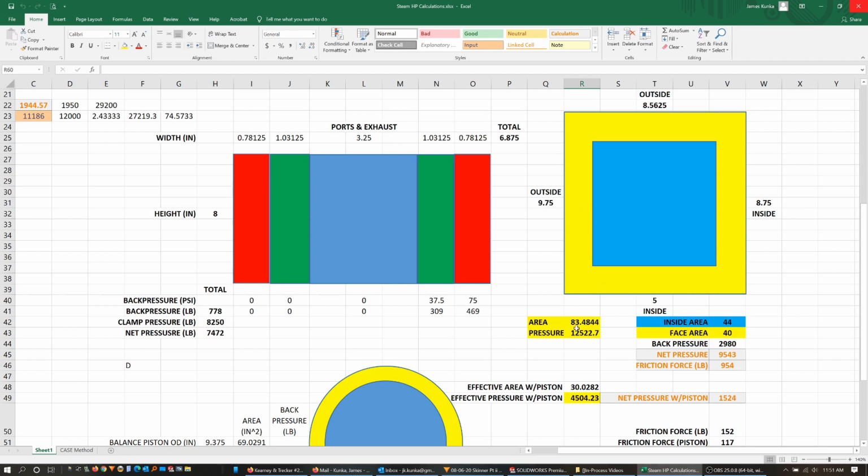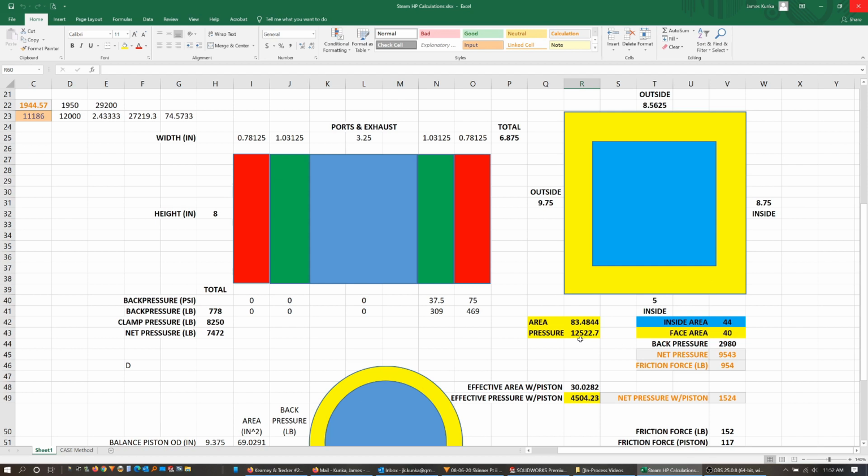So we have 83.5 square inches that is at 150 psi. We have 44 square inches we subtract off of that, that's at 0 psi, and we have some back pressure of 40 square inches that applies pressure counter to the steam chest pressure. So I was really surprised.